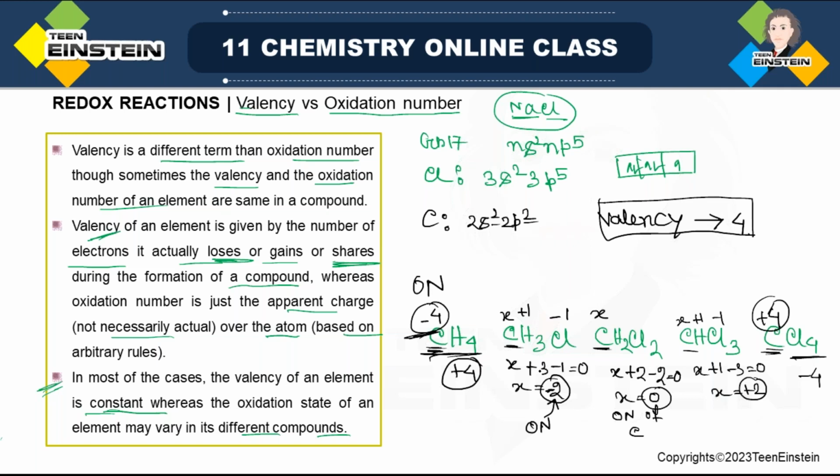So in all these cases, whatever the number of H and Cl, it is always sharing 4 electrons. That is why this is a very good example to show the last statement, that in most of the cases valency of an element is constant, but remember it may not be the same always. But in most of the cases we can see this type of observation.